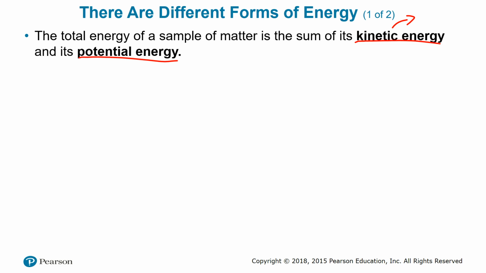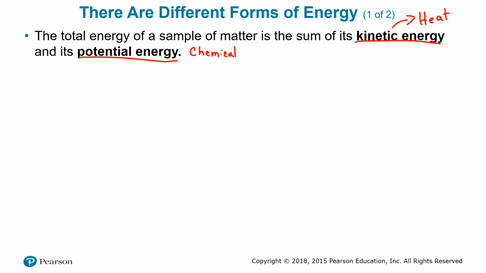In this class, when we talk about kinetic energy, we're going to be talking about heat, because that's what we're going to watch move. Really, we're going to watch it transfer from one object to another. For potential energy, that's going to be chemical energy stored in bonds. So when atoms and elements combine, chemical bonds, there's a certain amount of energy that's holding them together.